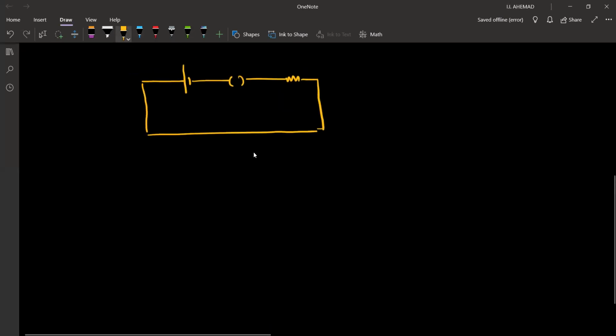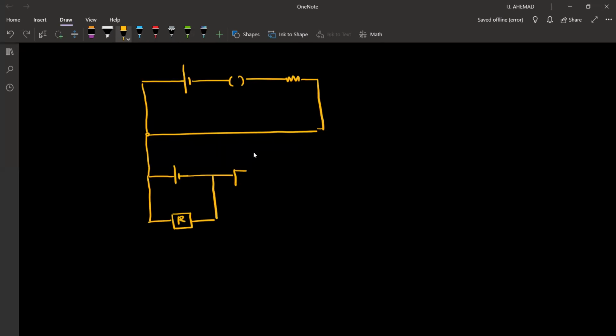From this primary circuit, now we connect a secondary circuit. This time the secondary circuit is slightly different. This is the battery with an internal resistance, and it is connected to a resistance box. And now this setup goes through a safety resistor setup and then the galvanometer.